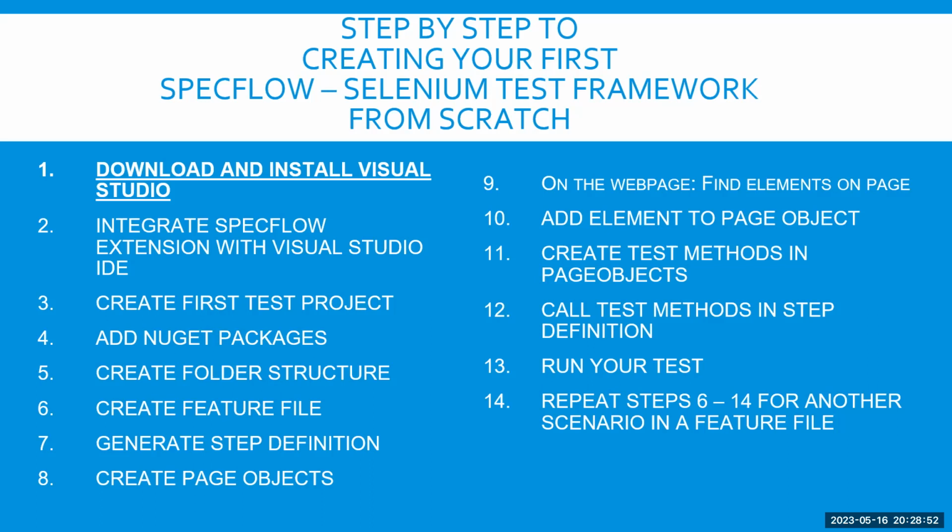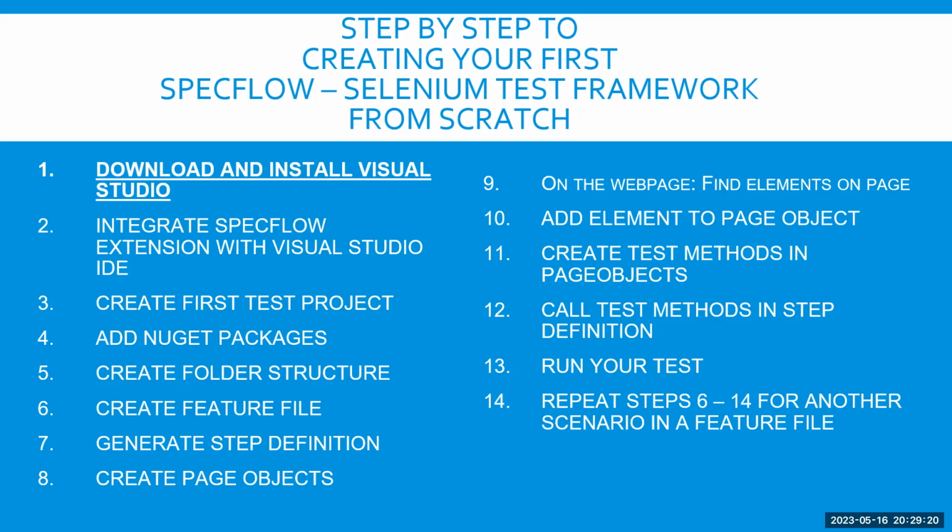If we don't have time, then we will do this session again, depending on what Deji says, and we can carry on from there. So the fourth one is to add NuGet packages. We are going to be adding NuGet packages, and also we are going to be creating folder structure. This is very, very important in our framework. And also we are going to create a feature file.